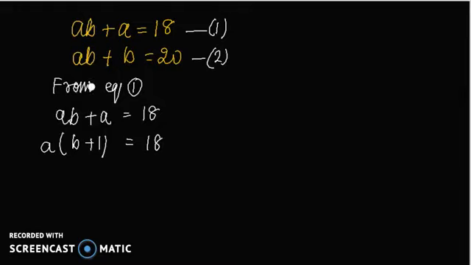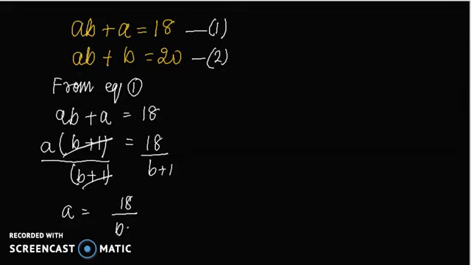And now dividing both sides by b plus 1, we can further simplify it. This and this will get cancelled. a equals 18 by b plus 1. Let us assume this as equation 3.